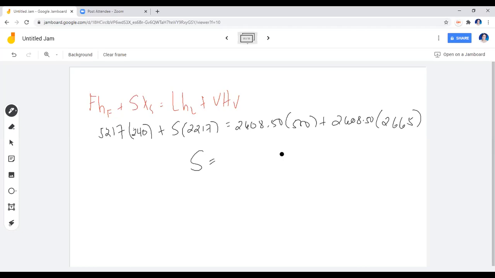Your answer for the steam is 3168.89. This is kilogram per hour.